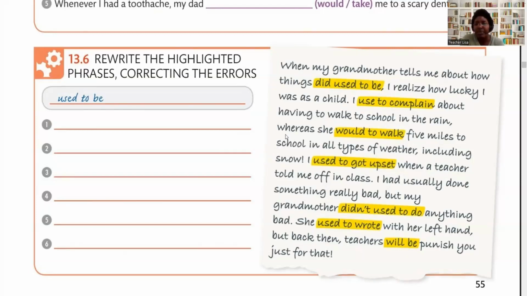I used to complain about having to walk to school in the rain, whereas she would to walk 5 miles to school in all types of weather, including snow. I used to got upset when a teacher told me off in class. I had usually done something really bad, but my grandmother didn't used to do anything bad. She used to wrote with her left hand, but back then teachers will be punish you just for that.